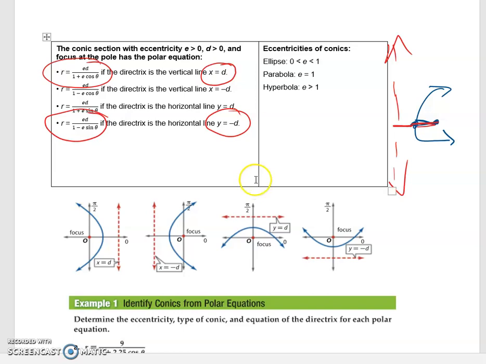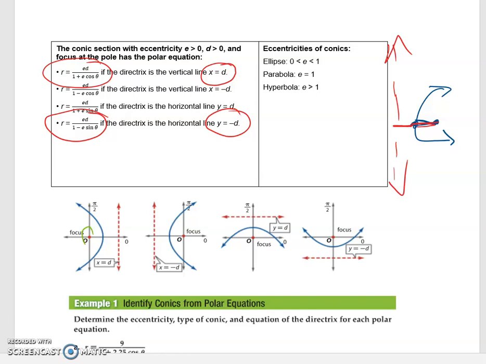So we need to pay attention to what our directrix is to determine the form of the equation that we want. You can see that for each one of these, even though we have parabolas for all of these, the same concept would work for a hyperbola or ellipse.